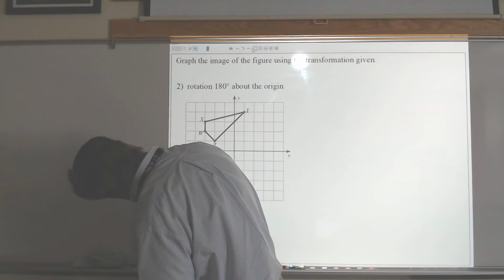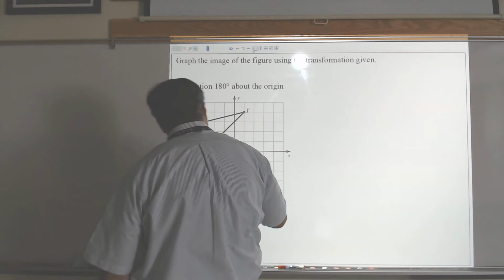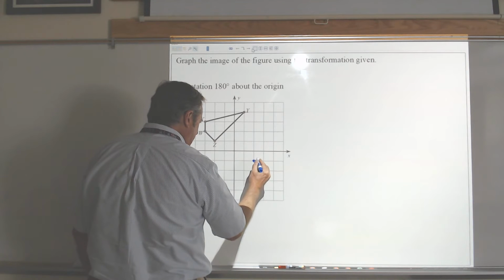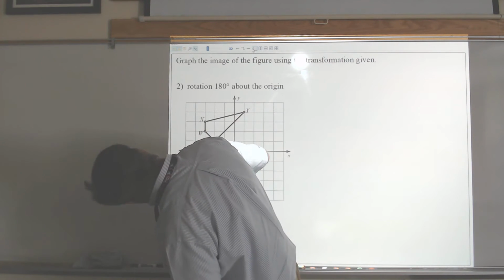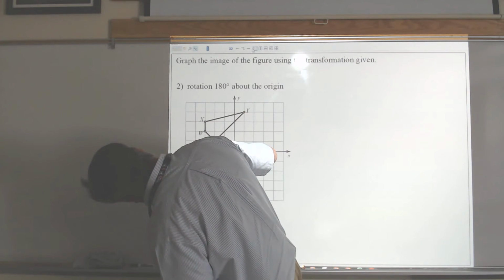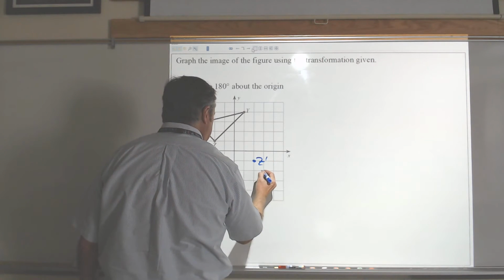All right, if I turn that upside down, Z is going to be at positive 2, negative 1. So I turn my paper back, positive 2, negative 1. All right, there's Z prime. If I look at it upside down, W is now at 1, 2, 3, positive 3, negative 2.